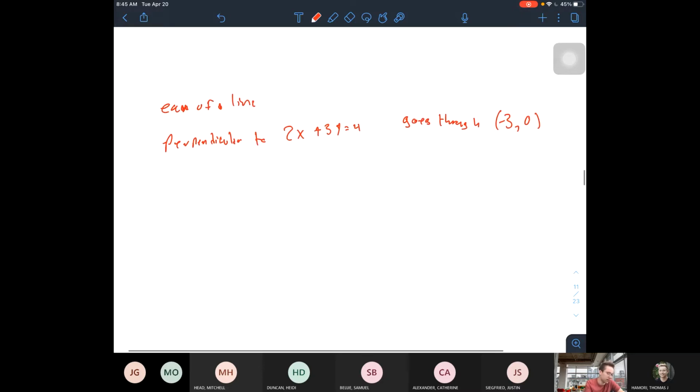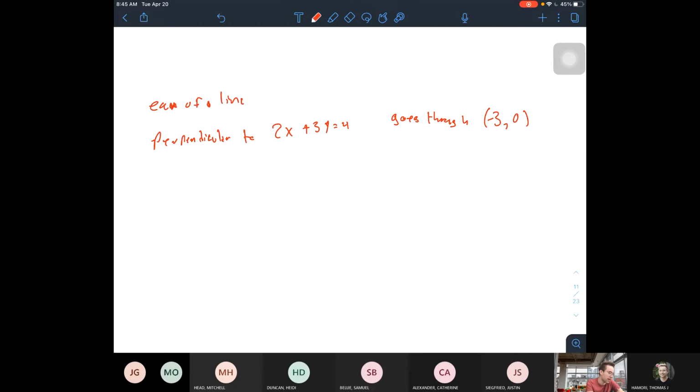As usual, I think the fastest way to do this is first to get our hands on the slope of this line, because we know the slope of the perpendicular line is going to have something to do with the slope of our original line. We rearranged this equation, subtracted 2x over to the other side, divided by 3, and we get -2/3 x plus 4/3.